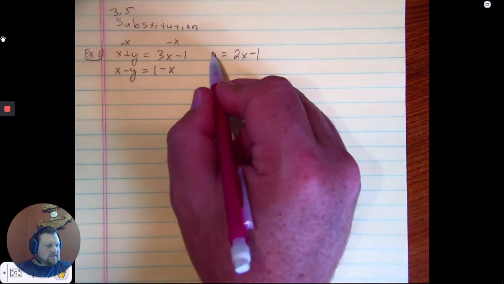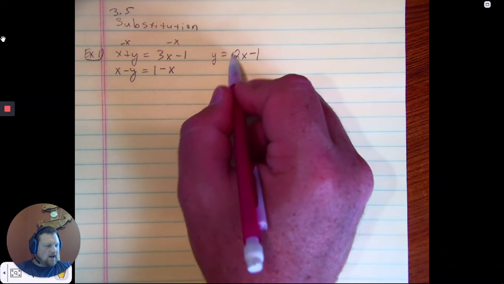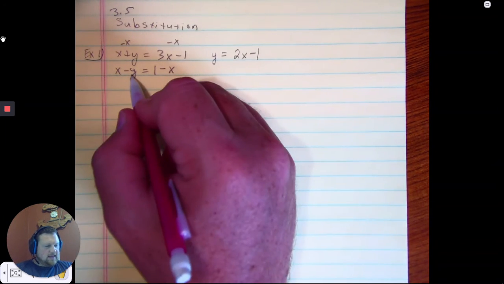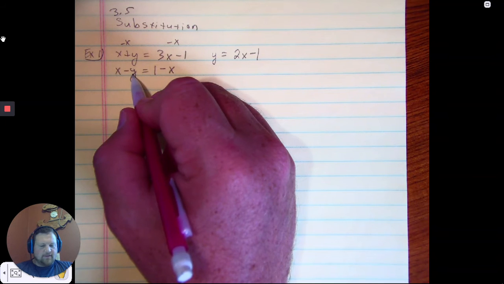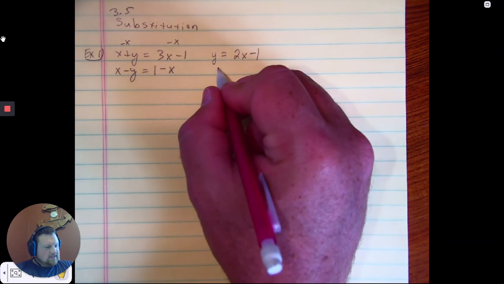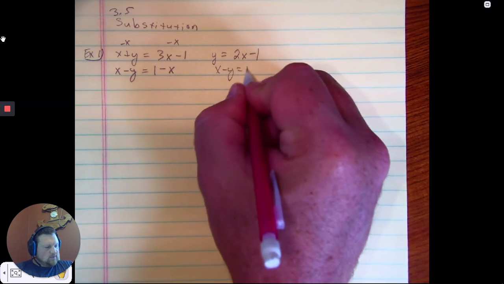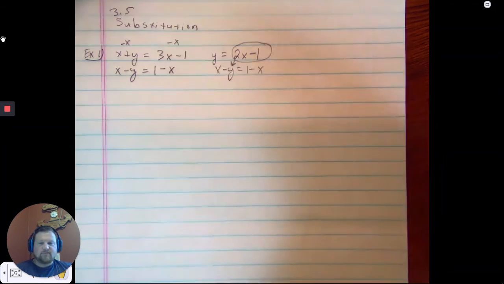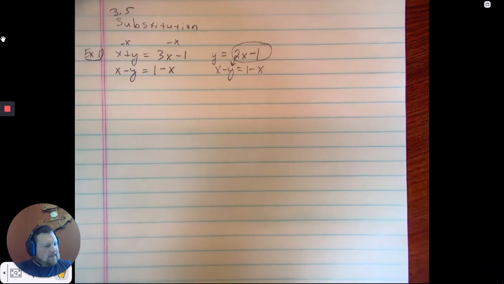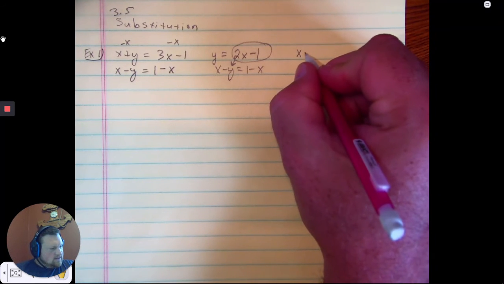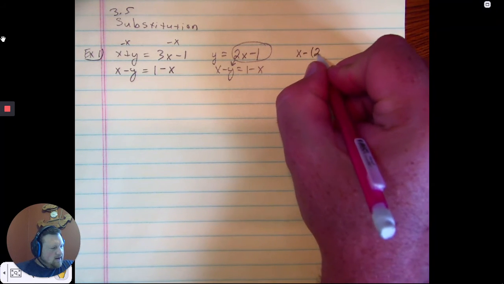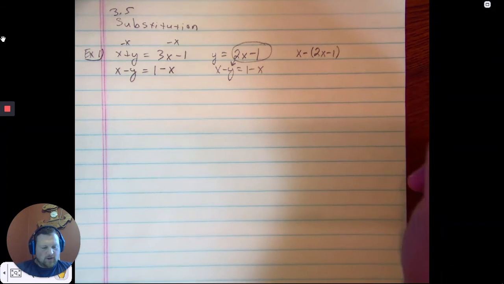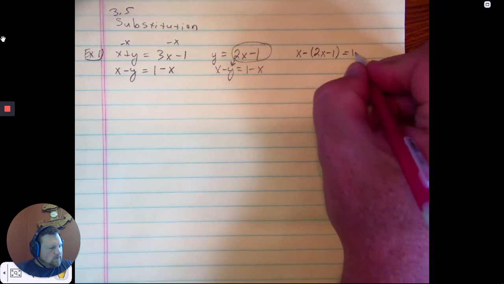This then allows me to take this value for y that we just solved for and insert it into our other equation. So I'm going to take x minus y equals 1 minus x, and insert this in for y. That leaves me with x minus the quantity 2x minus 1 equals 1 minus x.